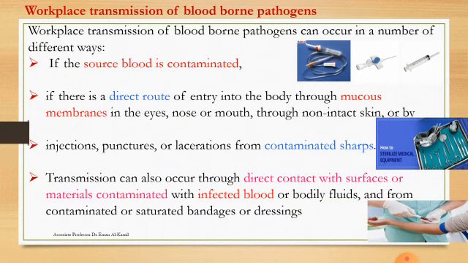This can happen if the patient has the infection, so his blood is contaminated with different types of viruses, or if there is a direct route of entry into the body through mucous membranes, such as the eyes, nose, or mouth, or through non-intact skin.